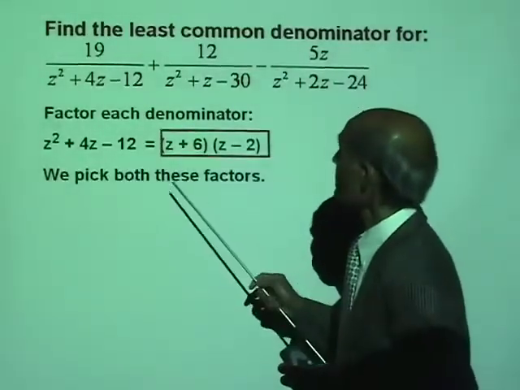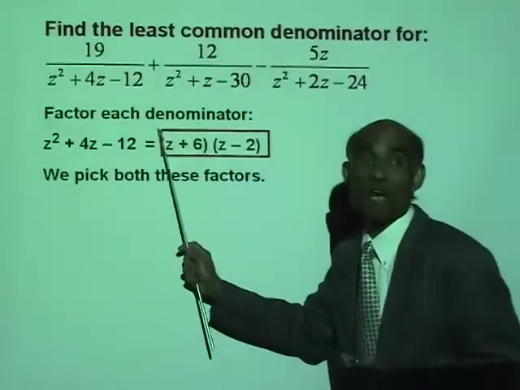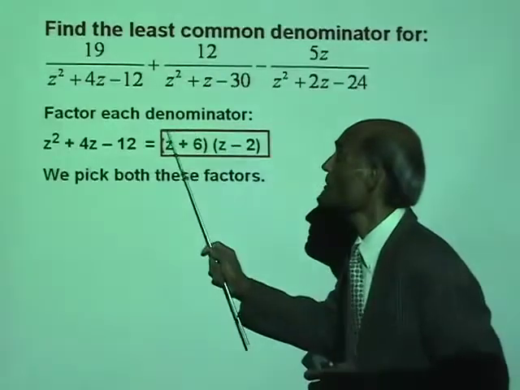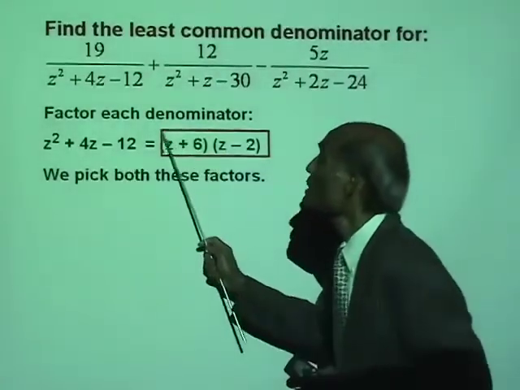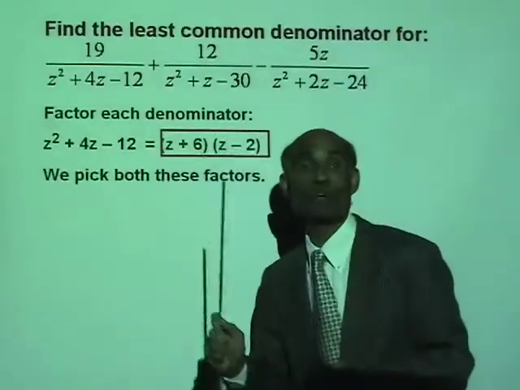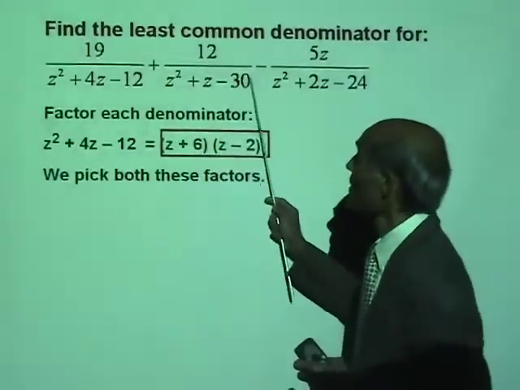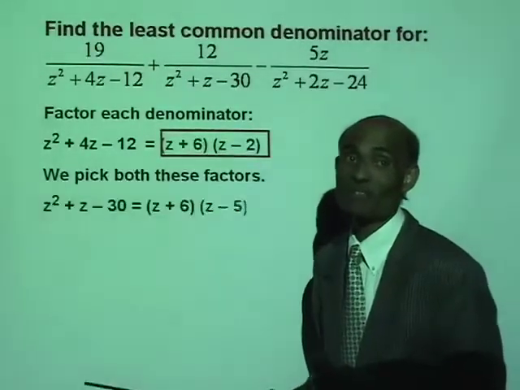Well, before we do that, we can say we factored the first denominator, and to construct our LCD, we pick both of those factors. Alright, now let's look at the second denominator. We already factored it. What's the factoring there?